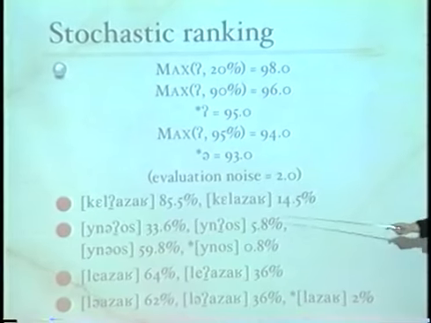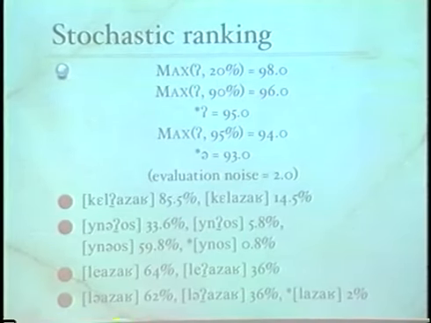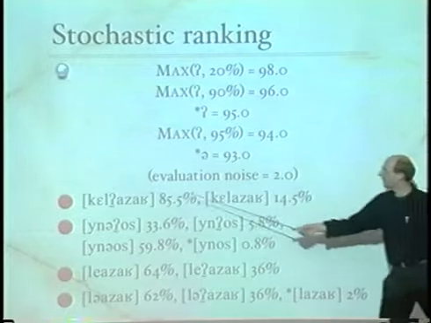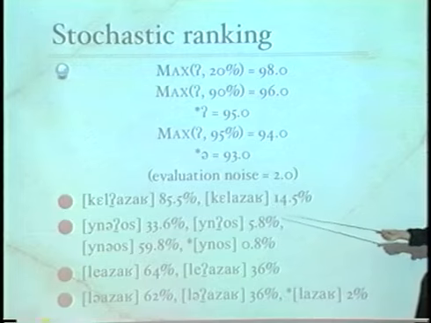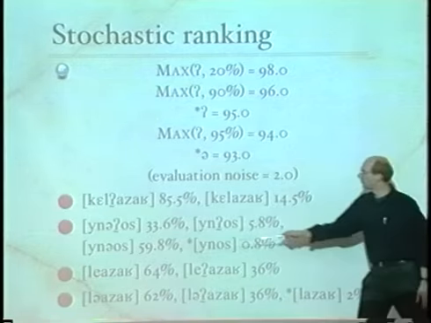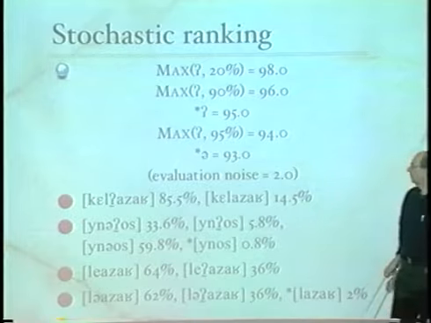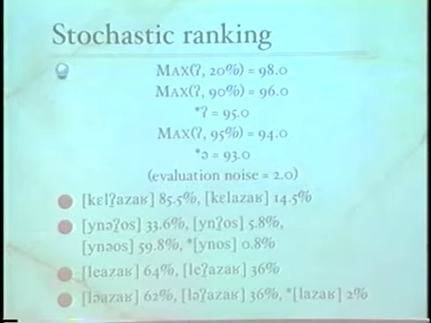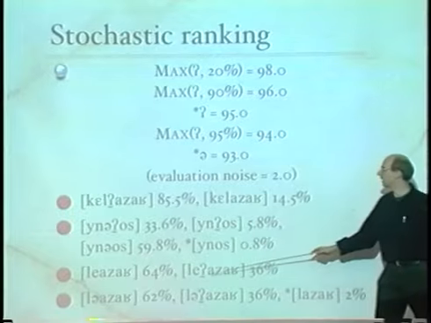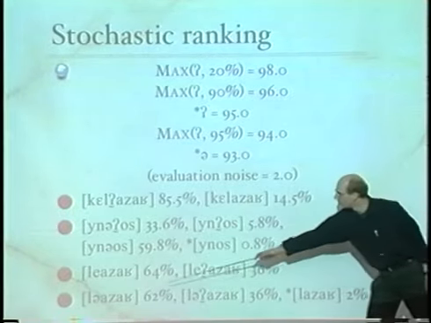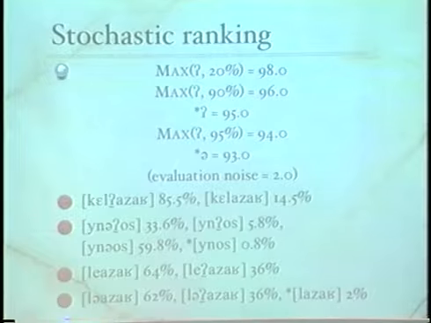Then you find, this is what I did this morning when I woke up at 5:30. You will find quel hasard 85% of the time, quel hasard 14%. You will find the triple variation in une os, and une os. And you find une os in only 0.8% of the time, so that's why people say it can't occur. You find some variation between les hasards and les hasards, between le hasard and le hasard, and you even find l'hasard 2% of the time.